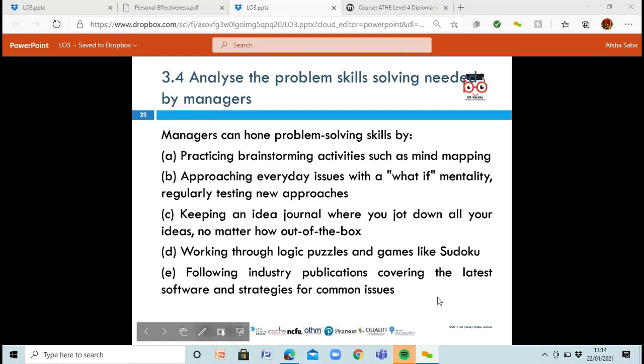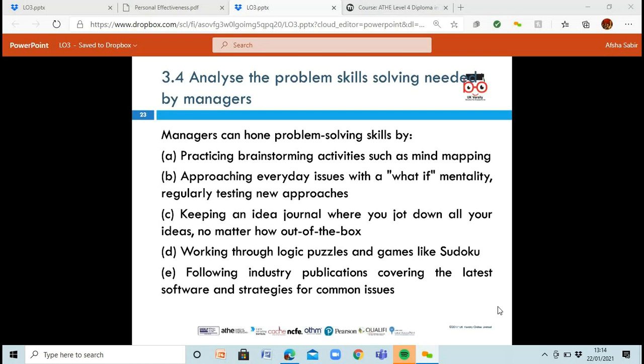And then also make sure that you're following industry publications. Any of the magazines, emails, newsletters, leaflets or other paperwork that you receive, look through them and see if somebody else has got any problem-solving tips. Because in my field, I get a monthly magazine with articles telling me how I can best sort out remote learning, especially now that we've got these situations going on in the world and everybody's remote learning.